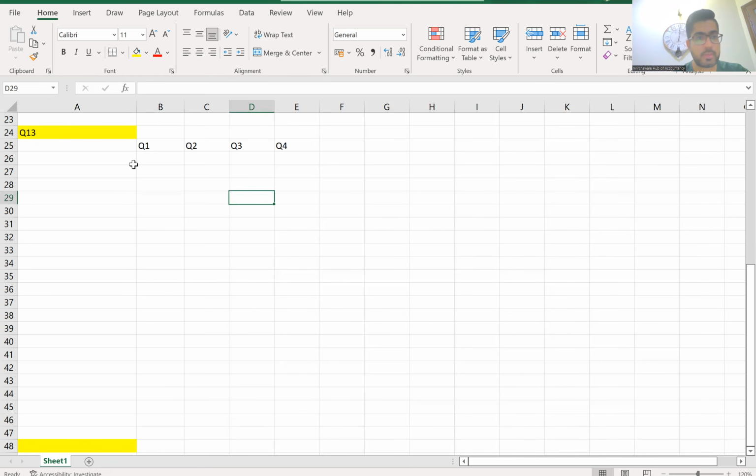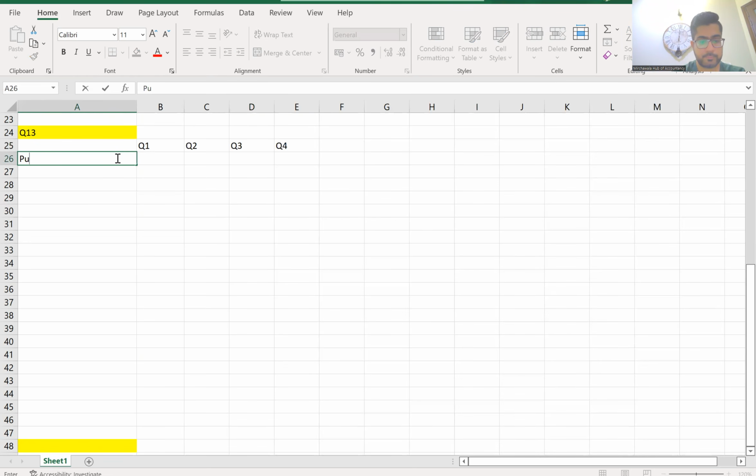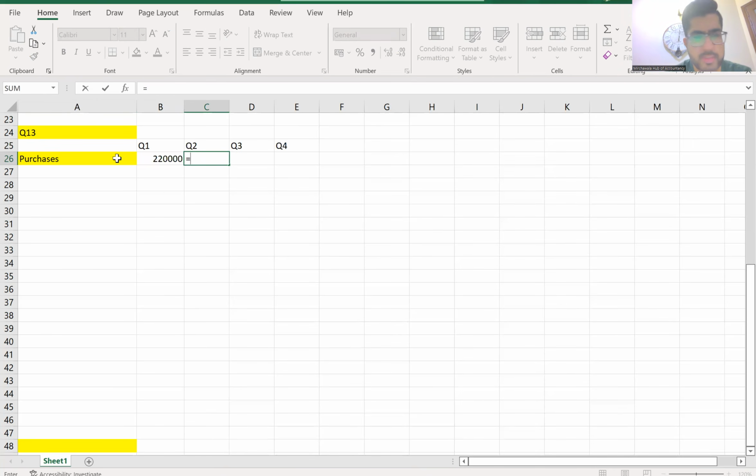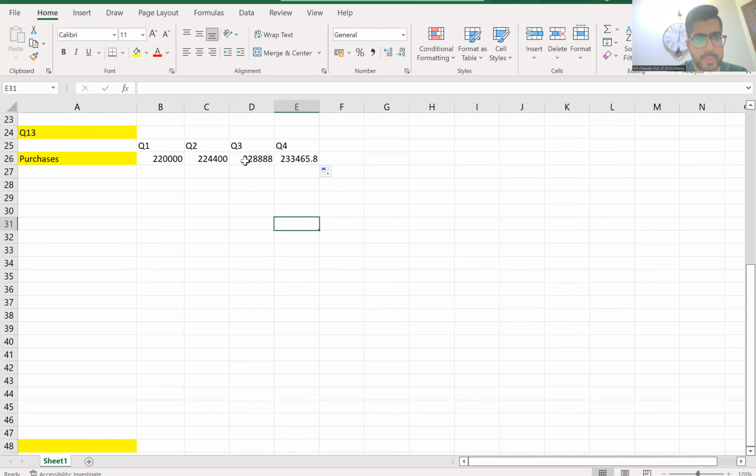So increase by 2%, which means it becomes 102%, and the same for the next quarters, 2% per quarter.